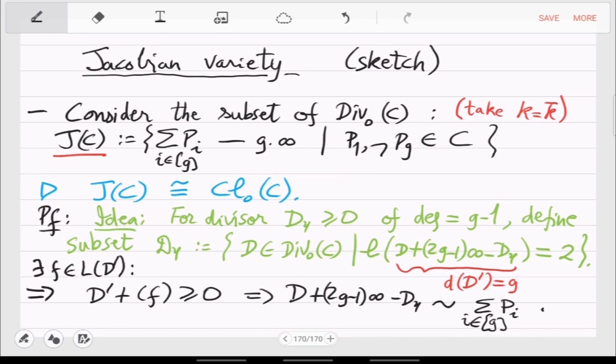This 2g minus 1 infinity minus d gamma is a fixed divisor, so don't worry too much about that. So d plus this fixed thing is just a sum of g many points. So what are such d's? You collect them and then you keep changing d gamma. What you can show is that in the union of these d gammas, you will have all of Div 0.